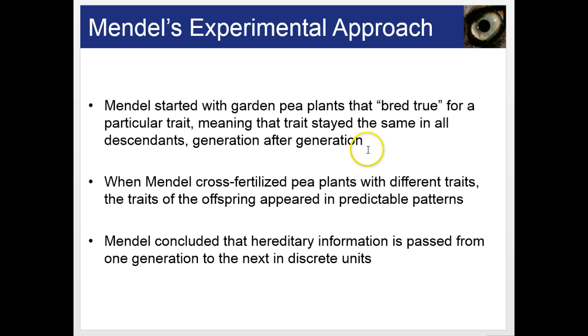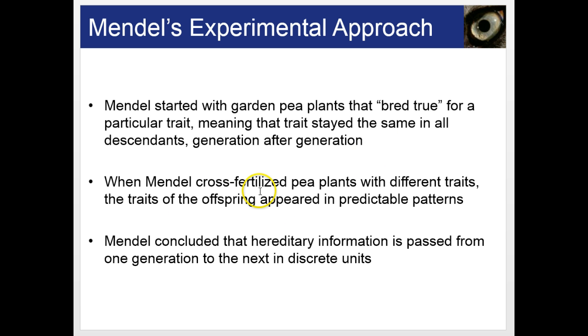So again, back to our regular notes. Mendel started with garden pea plants that bred true for a particular trait, meaning the trait stayed the same in all the descendants, generation after generation. We already said that means that they were homozygous.